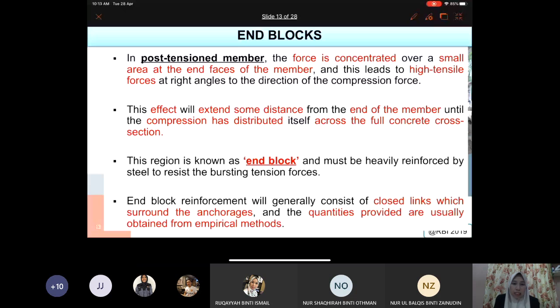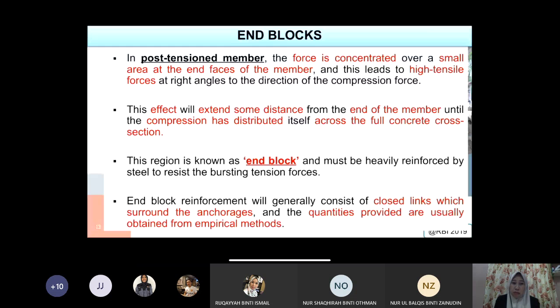So what is an end block? I think that's the most important question you need to know. In a pre-stress force, especially in post-tension members, when you apply load after concreting, you concentrate your force at a certain point, on a small area at the ends where you place your jack and pull your tendon.